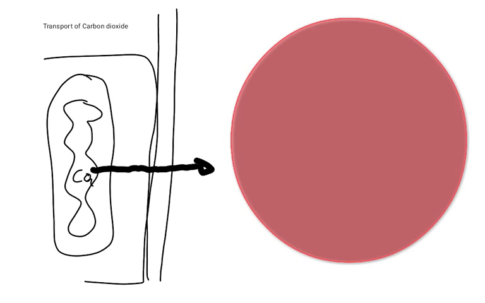Now the carbon dioxide diffuses into the red blood cell, and at that point it joins with water. This is driven by the enzyme called carbonic anhydrase, which I'll put as CA, to form carbonic acid.